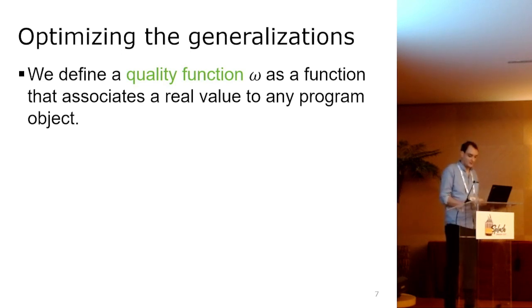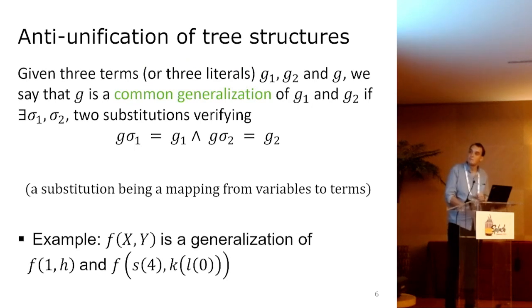To go back to our example before, if I had the functor 1 that was here in the first term, but also in the second, then the generalization having f of 1 and then y would be a better generalization, because it's more specific.